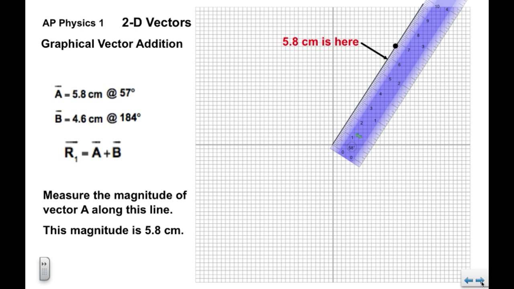All right. Now, along this line, we're going to measure the magnitude of vector A, which is 5.8 centimeters. So I'm going to put my ruler so that the 0 is at the origin. I'm going to measure 5.8 centimeters along this line that I made before.